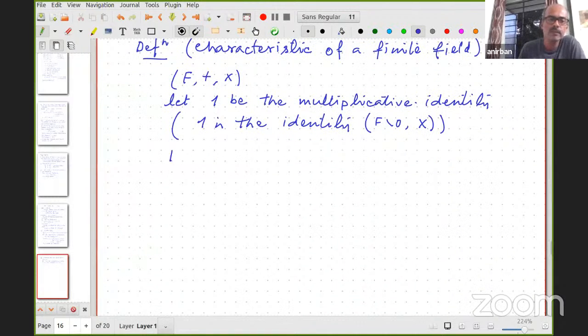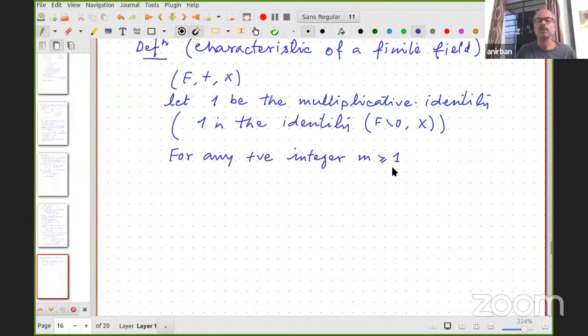So for any positive integer m, I would write m greater than or equal to 1, just to make sure that we are not looking at 0. For any integer, I can write m1 to denote the sum of these ones. Just remember that this is the integer one, and this one is not the integer one.